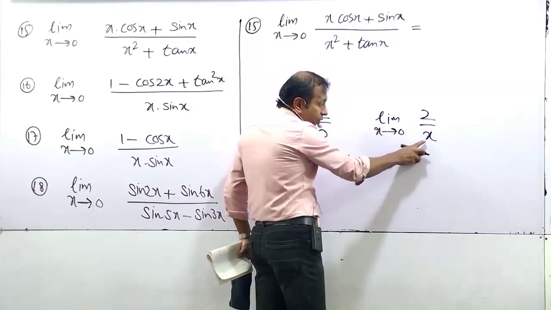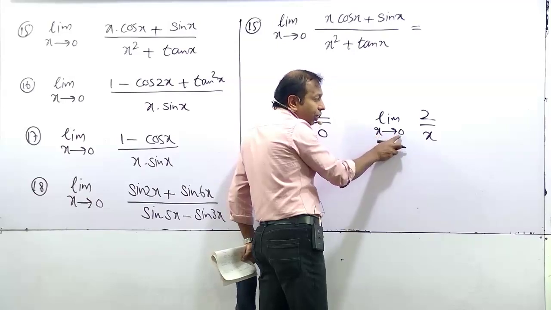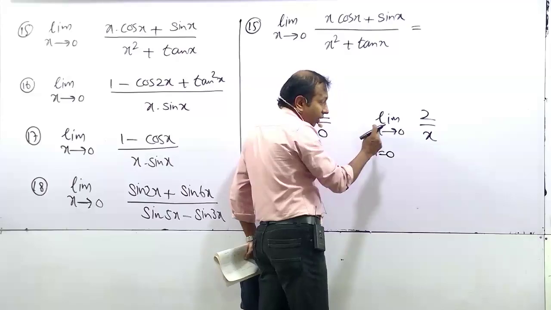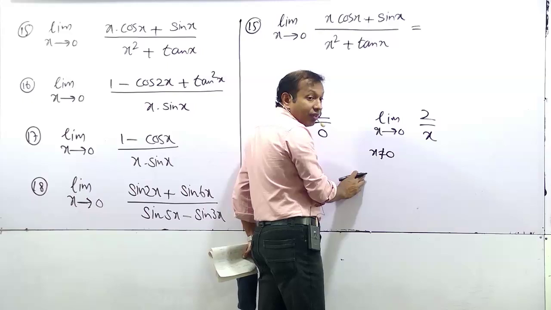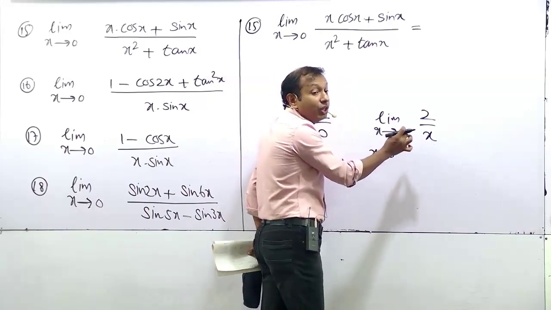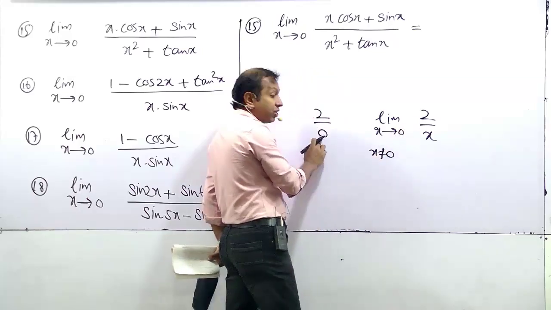We said that x going to 0 doesn't mean what? x equals 0, no? Limit x going to 0 doesn't mean x equals 0. Then what? This x takes very close values to 0, but it doesn't take 0. This situation never arrives.